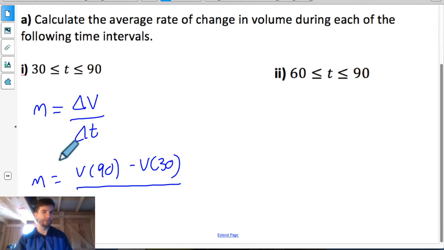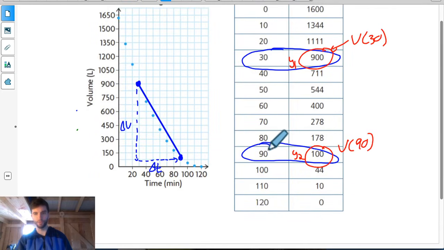And you could do it the other way around. You could do v at 30 minus v at 90. It doesn't matter, just as long as when you do your difference in times, the order matches. So since I did the volume at 90 minus the volume at 30, now when I find the difference in times, I have to do the same order. I would have to consider this one my second x value, this one my first.